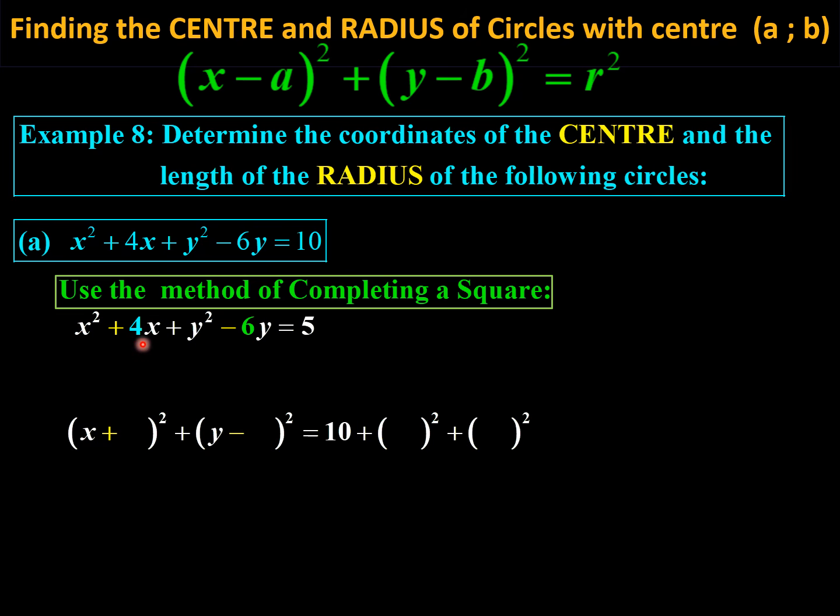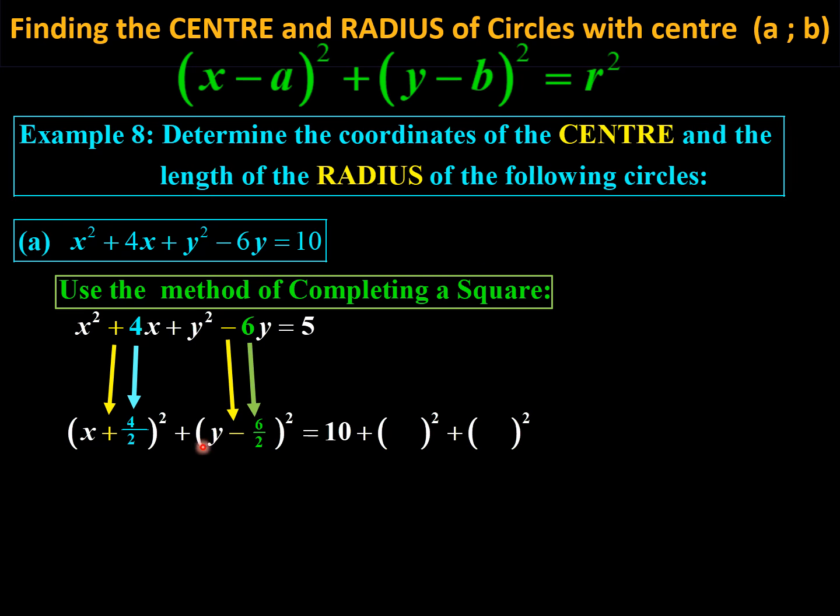Here, when we completed the square, we needed to take half of that. And what is half of 4? 4 over 2, which is actually 2. So that positive will remain a positive, and that negative there will remain a negative. Let's sort out the signs first. Half of 4 will be 4 over 2, which is 2. And 6, half of 6 would be 6 over 2, which is 3.